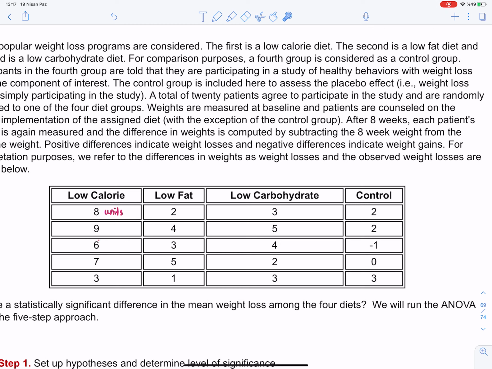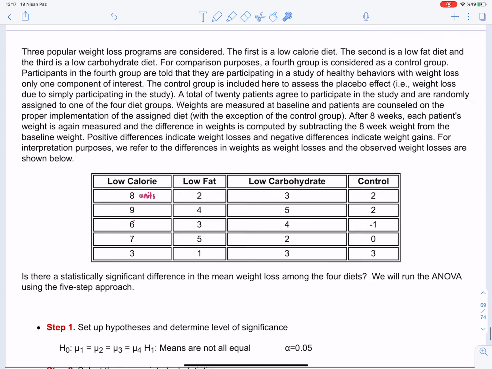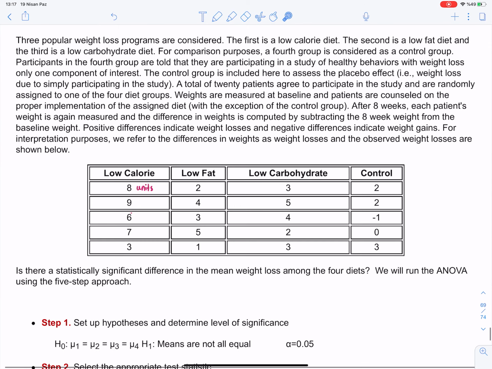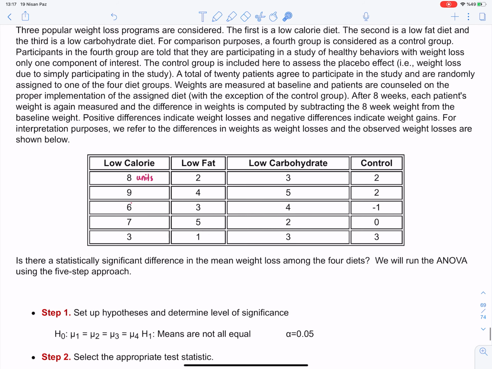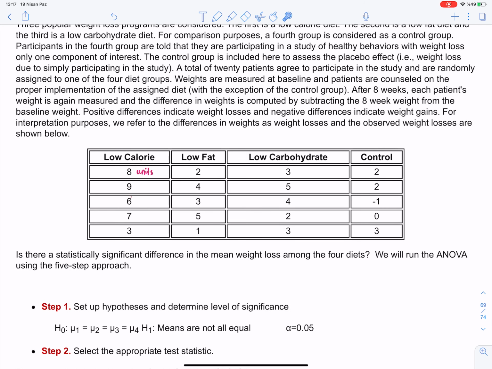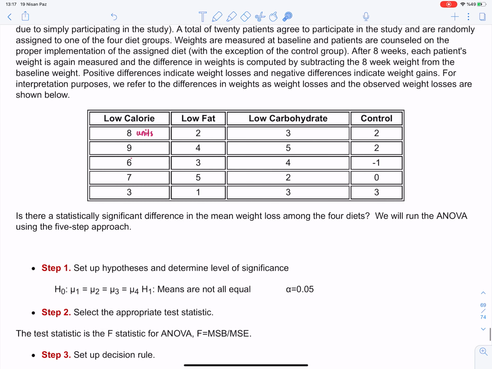But this is not an example to check whether the data set has a normal distribution or homogeneity of variances. So this is why we pick only a few numbers, to understand the calculation behind the ANOVA test statistic.